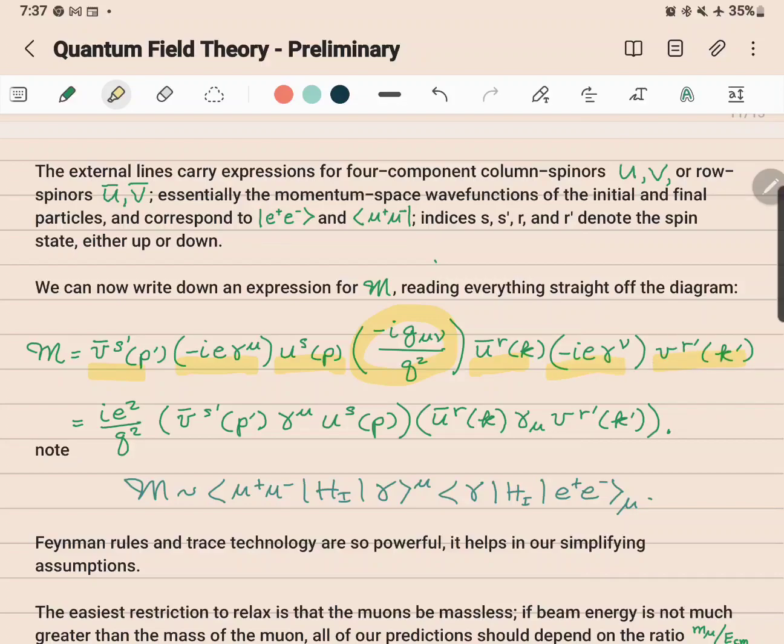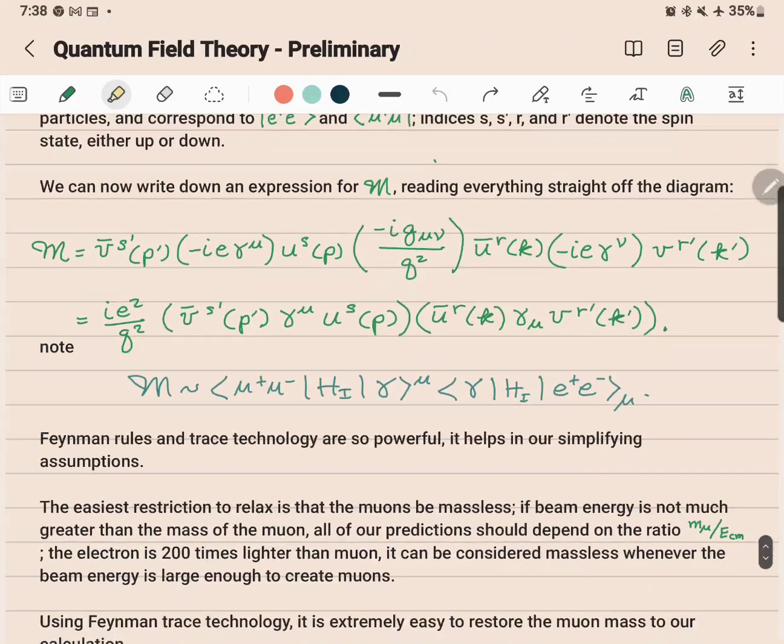If you do that, we have an expression equal to this. And note that we used this one before in the previous pages, so we can compare then.